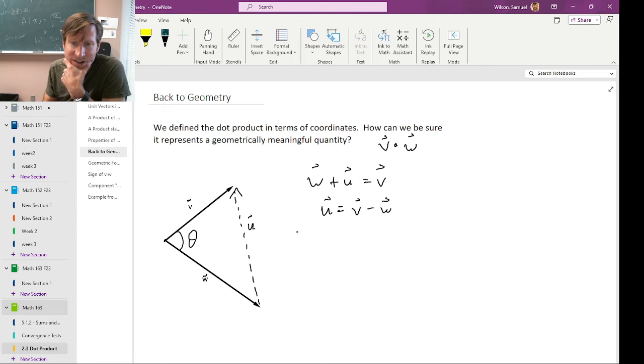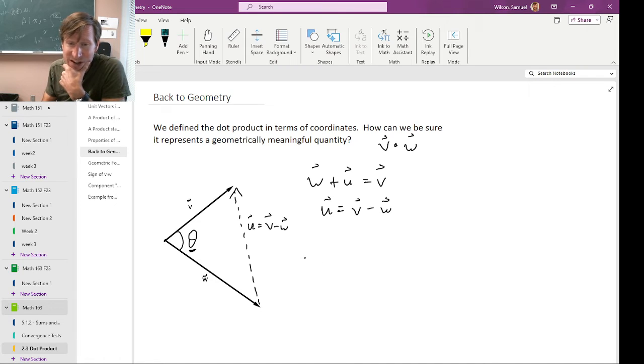The law of cosines for this triangle says that, if we're going to use this angle theta in the law of cosines, then we need to start with the side u, and remember that's v minus w.